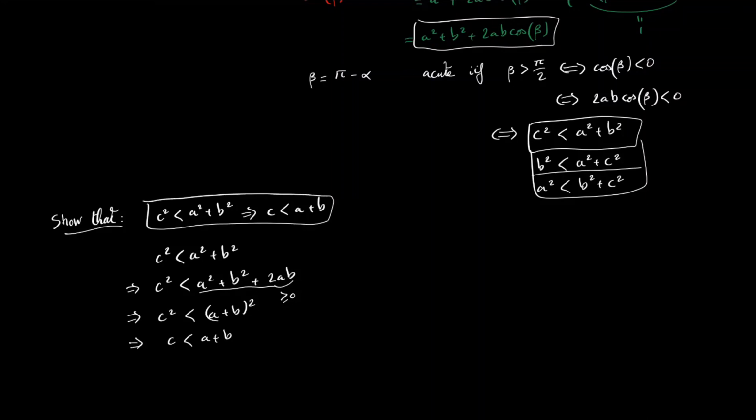And if you think about it, it kind of makes sense because, as a reminder, this is the condition to obtain a triangle, and this is the condition to obtain an acute triangle. So this result is basically proving that if you have an acute triangle, then you are having a triangle, which is kind of trivial.